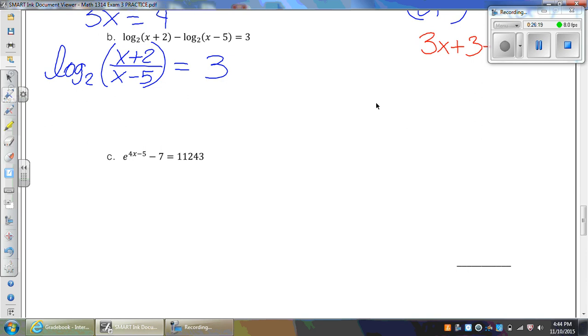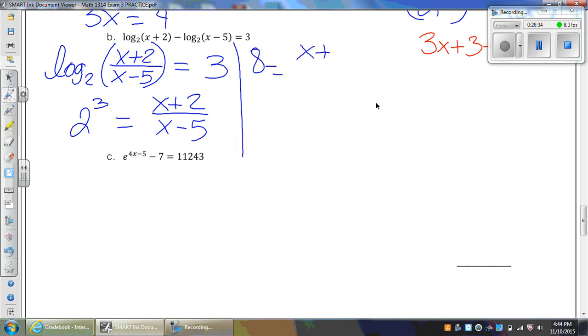Change to exponential. So that will be 2 to the power 3 is equal to x plus 2 over x minus 5. 2 to the power 3 is equal to 8. Here we have x plus 2 over x minus 5. So now what I need to do is take this x minus 5 that is dividing on the right side and move it to the left side, and it will be multiplying.